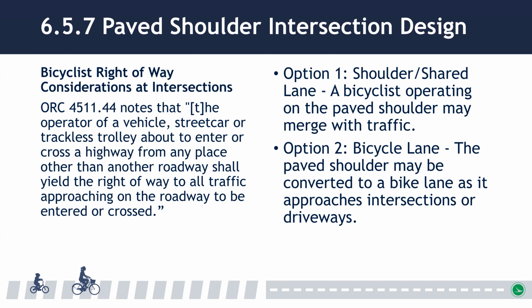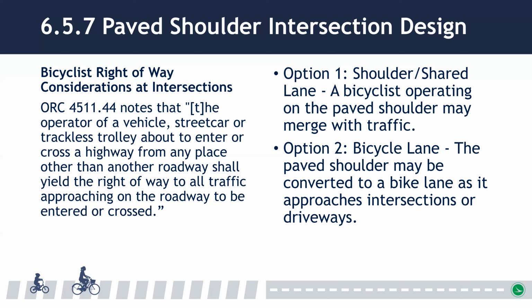Section 6.5.7 of the guide discusses intersection options where paved shoulders are present. There are some unique considerations for locations with shoulders due to the Ohio Revised Code's guidance in section 4511.44, which notes that the operator of a vehicle, streetcar, or trackless trolley about to enter or cross a highway from any place other than another roadway shall yield the right-of-way to all traffic approaching on the roadway to be entered or crossed.